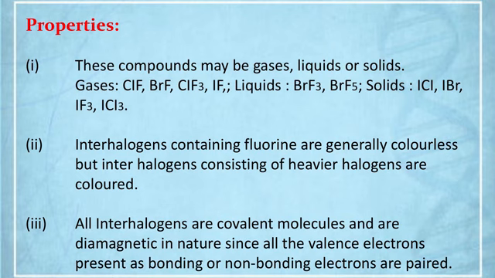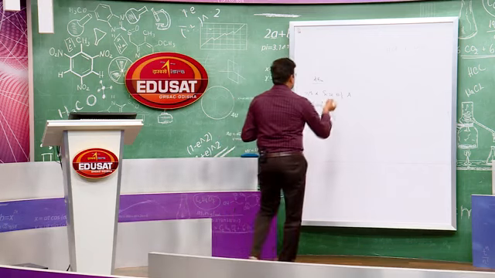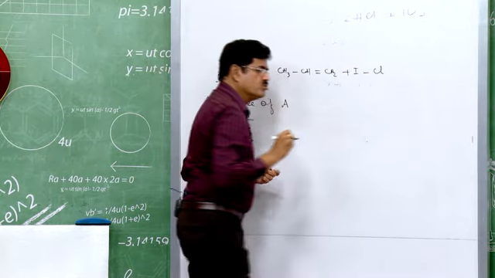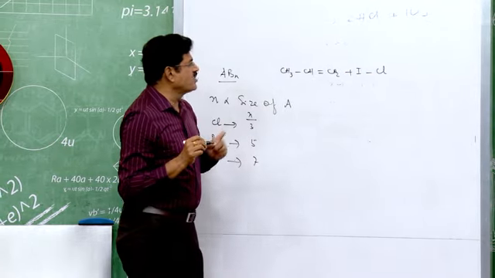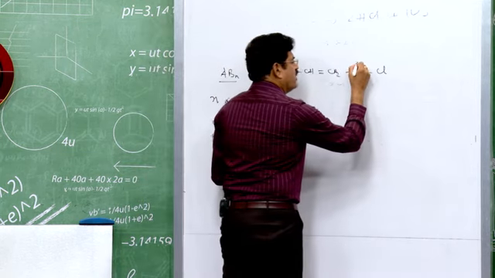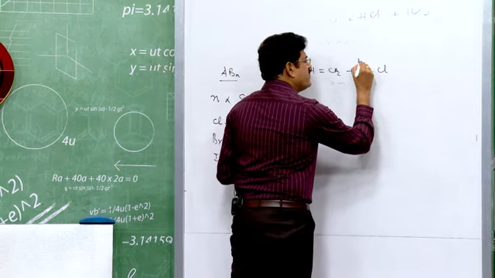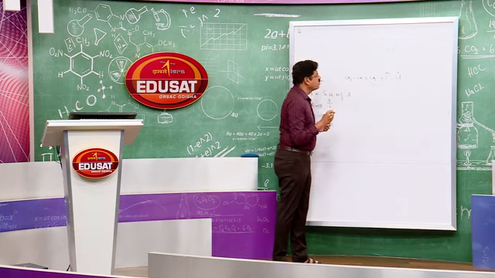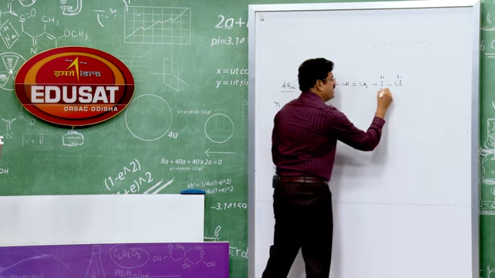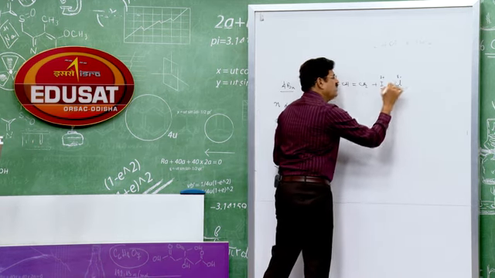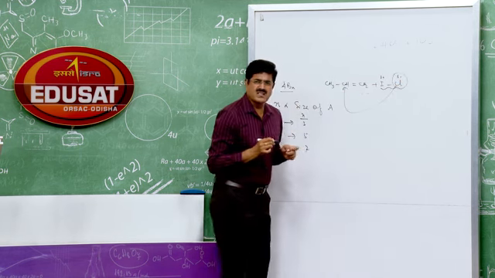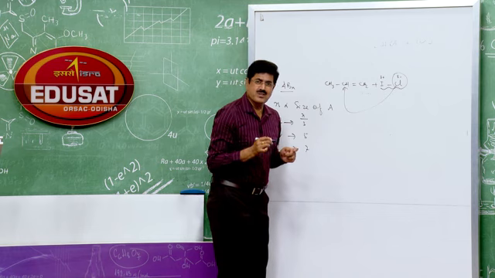For example, if somebody asks you what is the product possible when ICl is added to propene? Propene undergoes electrophilic addition, and it obeys Markovnikov's rule. According to Markovnikov's rule, the negative part of the addendum, which is the one that is going to be added, chlorine, goes to the carbon atom of the double bond containing fewer hydrogens.